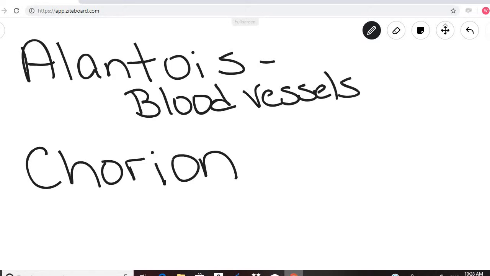Those blood vessels allow the embryo to get oxygen and carbon dioxide, and also to get rid of waste. And then the chorion is a membrane that goes around everything.